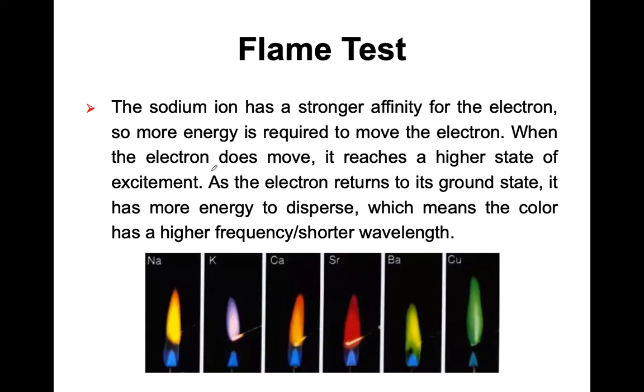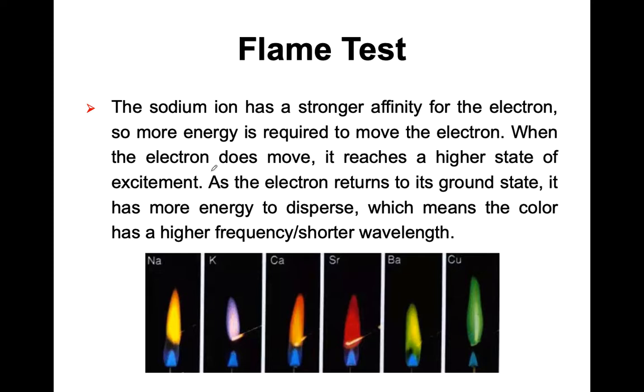A flame in blue color has a higher temperature, so when the element source is put on the flame, it is activated and its electron jumps to an orbital of a higher energy level. When the electrons come back to the ground state, it emits a unique color of light depending on the energy difference.